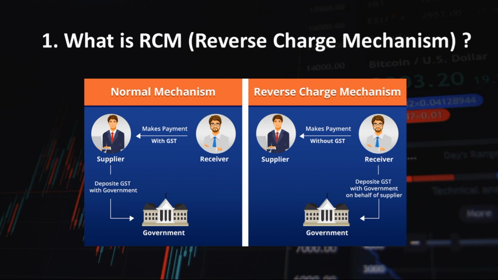But in case of RCM, अगर आप taxable goods किसी unregistered person से लेते हैं तो आपको ही उसका GST भरना पड़ता है. RCM, where the GST payment process is reversed and instead of the supplier, the recipient has to release tax liabilities. In RCM, the supplier and the recipient change their roles in paying GST. As you can see in the picture, the recipient pays directly to the government and not via the supplier.